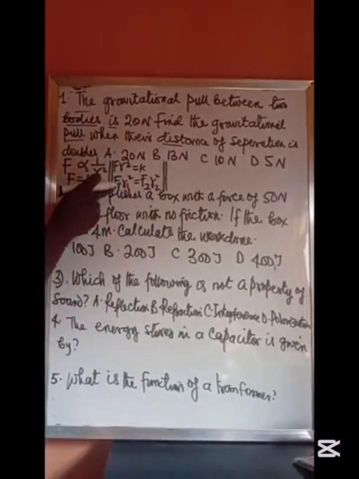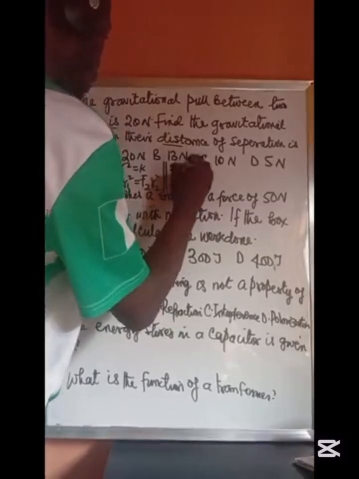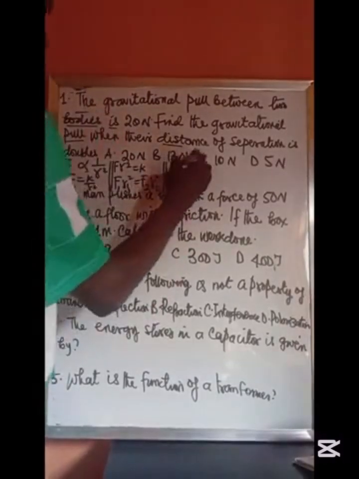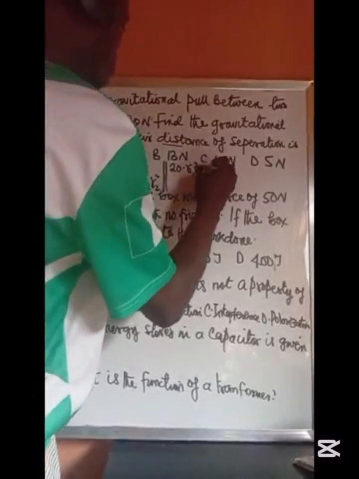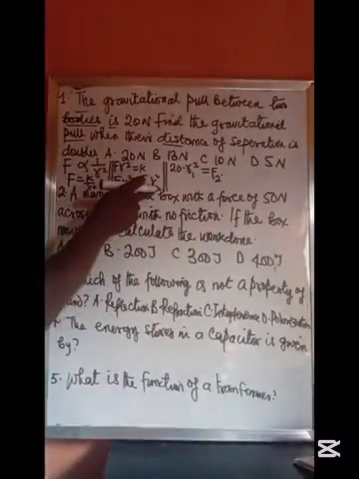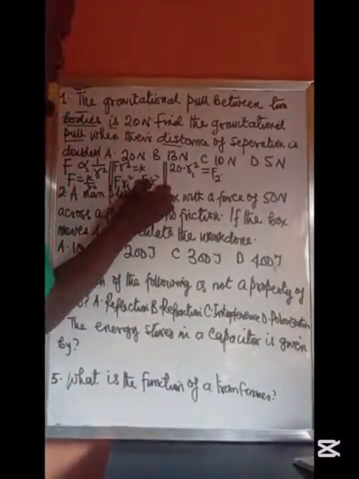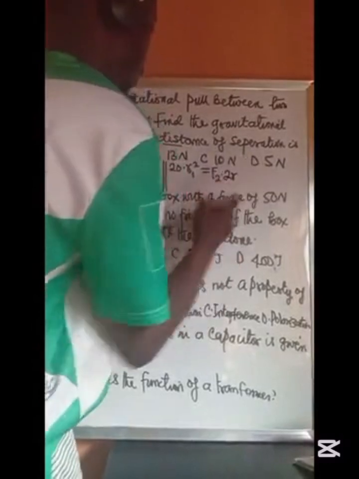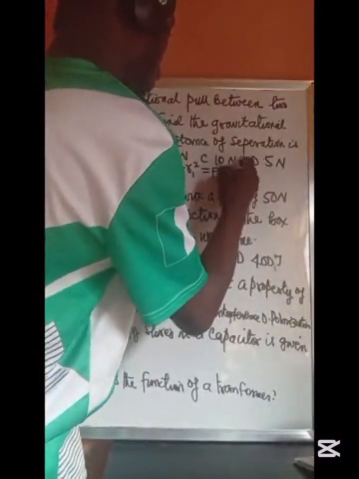So the first force here is 20. So 20 times R1 squared is equal to the final force, which is unknown, F2, times R2, which is double R1, so 2 times R1 all squared.